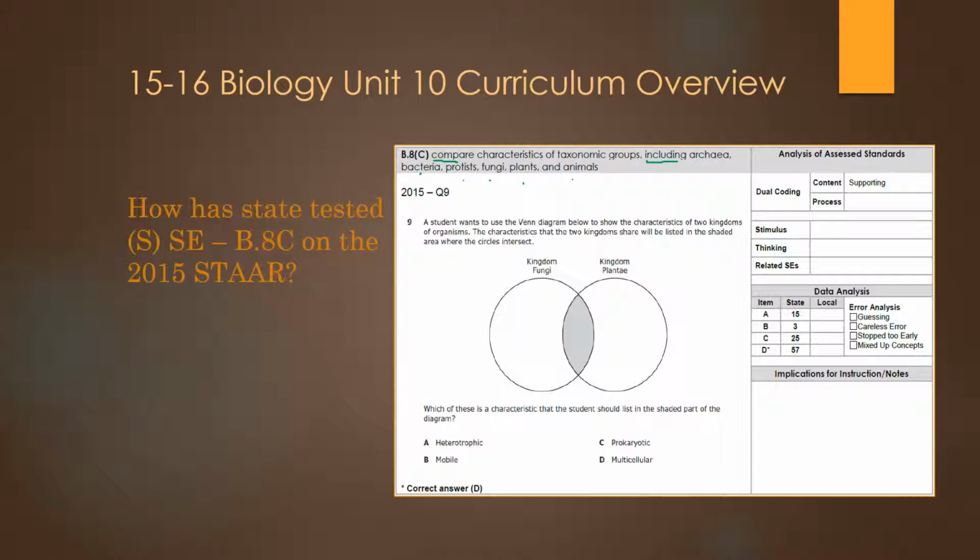And so the focus here is not so much on what type of graphic organizer they're using to compare. They're focusing on, do you know the characteristics in order to compare the different organisms and put them in their proper taxonomic group.